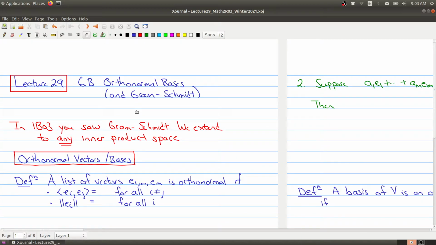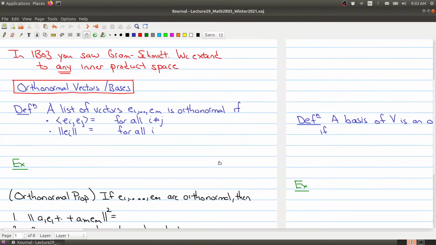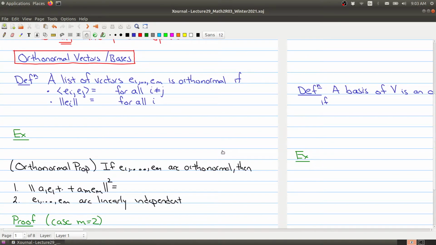Let's start by introducing some of our terminology. Some of it may seem familiar from Math 1B03. We have a list of vectors, and we call them orthonormal if any two distinct vectors are orthogonal, and their norm is 1.